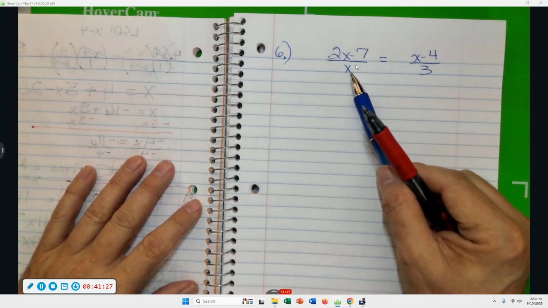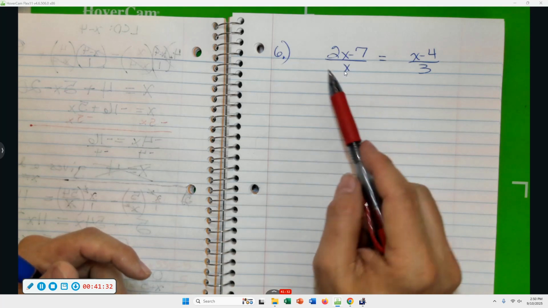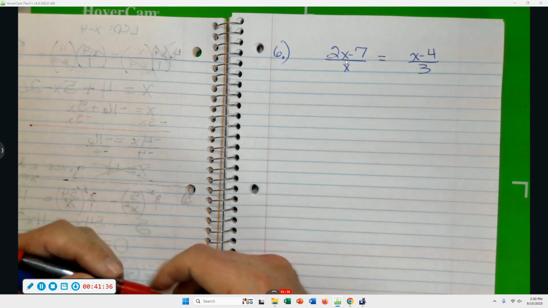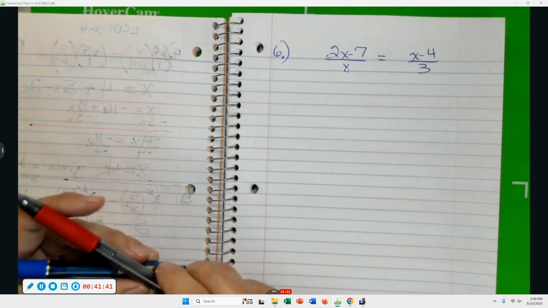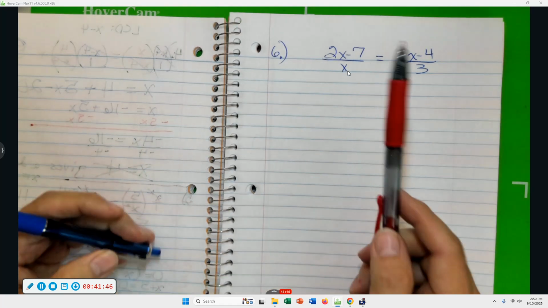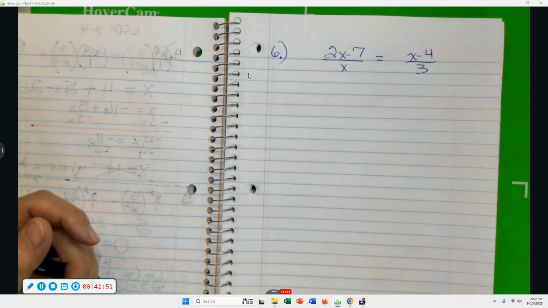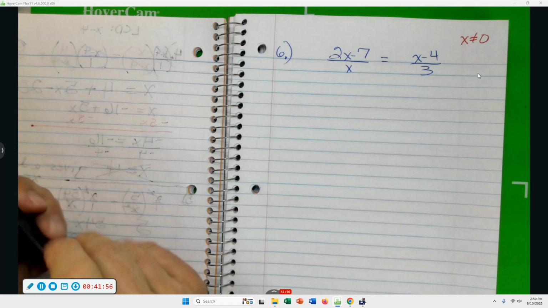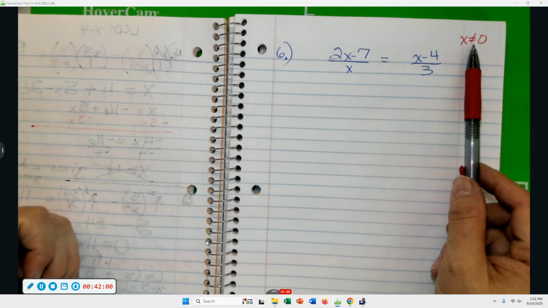What would x have to be to give us a denominator of 0 in the first fraction? No, if x were 1, you'd have a denominator of 1. Like the previous one, it's so obvious it's hard. 0 is the only number you could plug in for x that would make that denominator be 0. You don't want that denominator to be 0. So at the end, if we get x equals 0, we're going to have to cross it out.